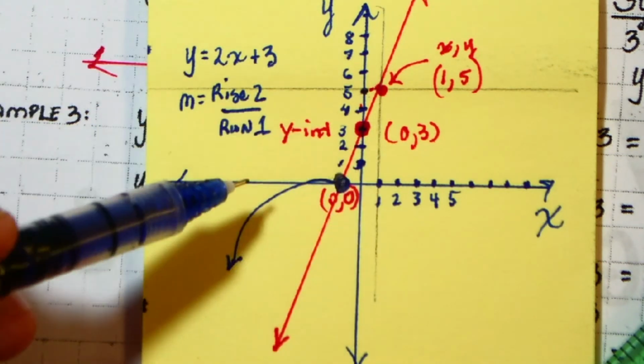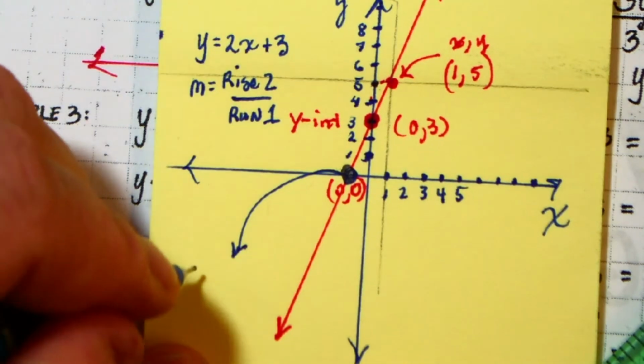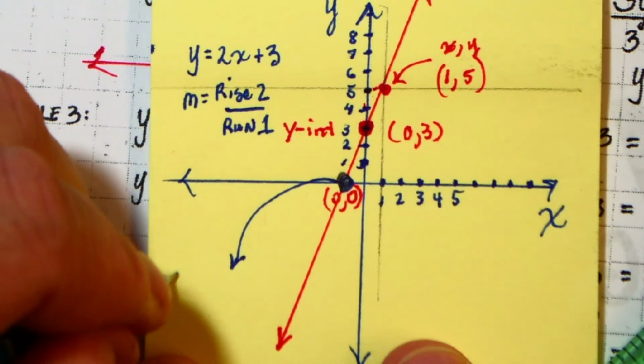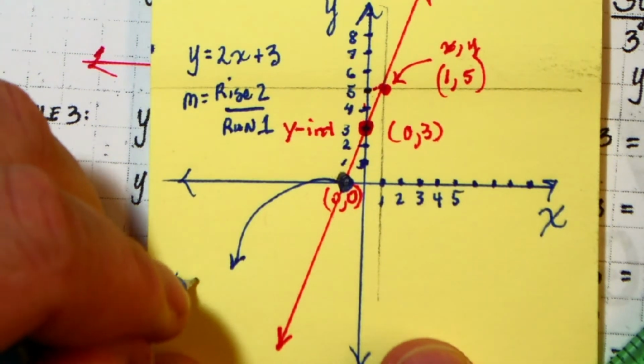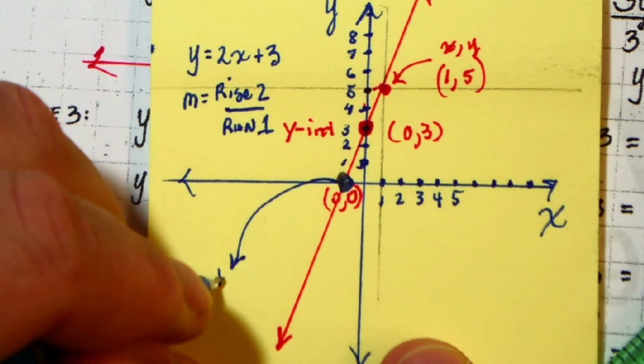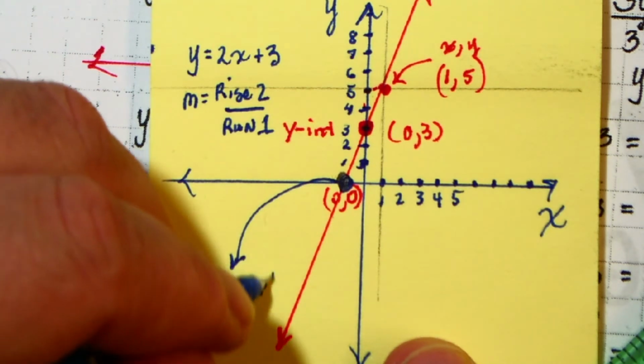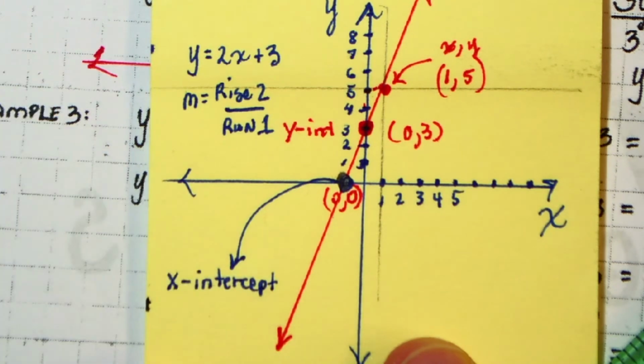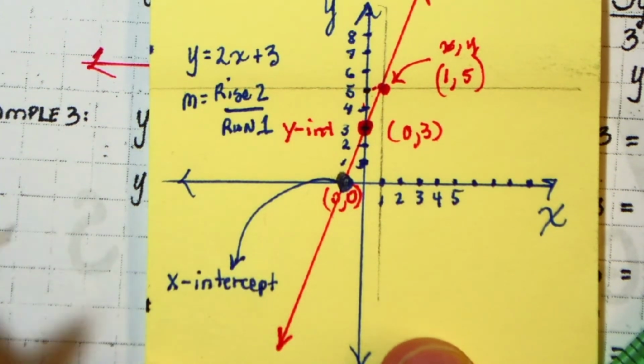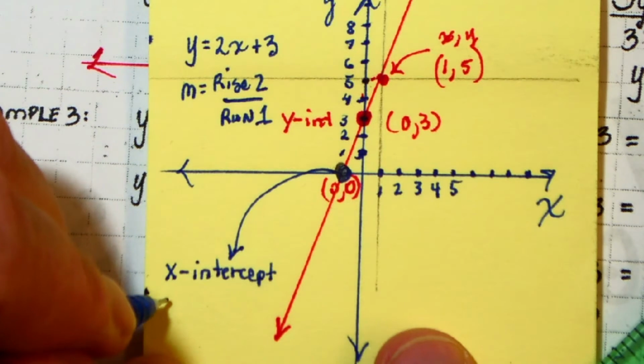We want to find out where the graph crosses the x-axis. This is the x-intercept. Abbreviate x-int. All right.